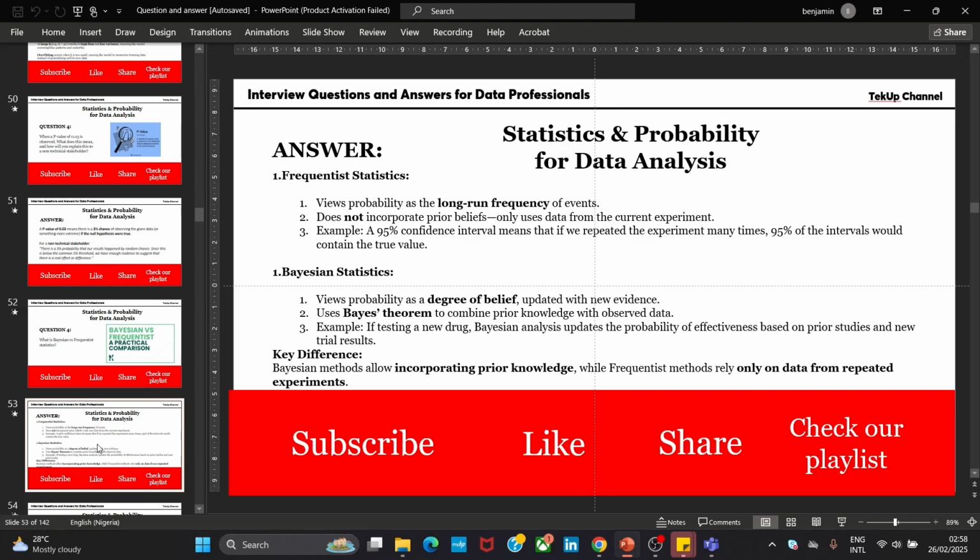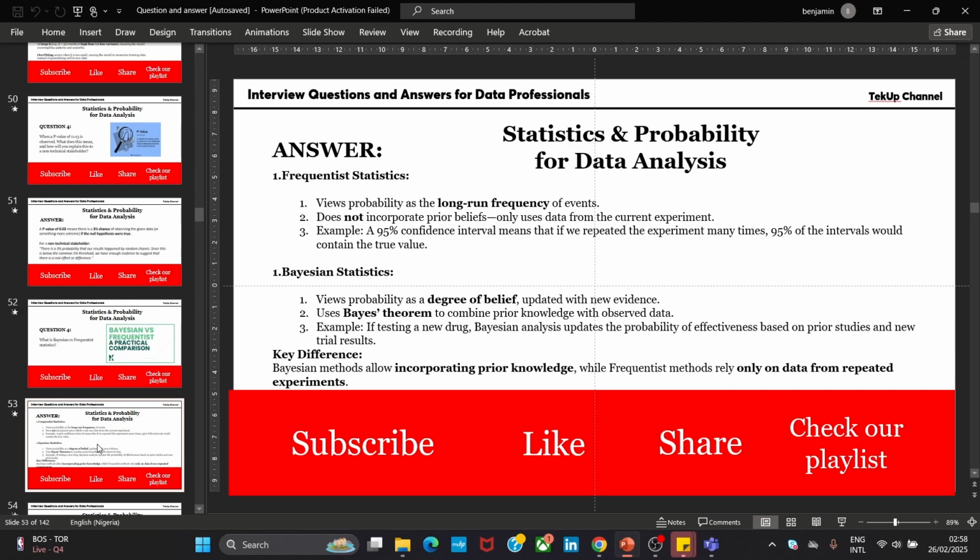Bayesian statistics views probability as a degree of belief, which is updated with new evidence. It uses Bayes' theorem to combine previous knowledge with observed data.